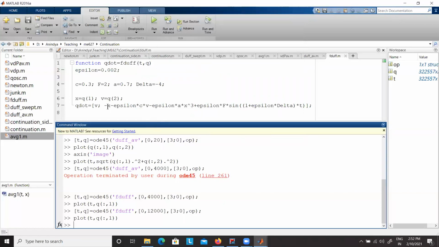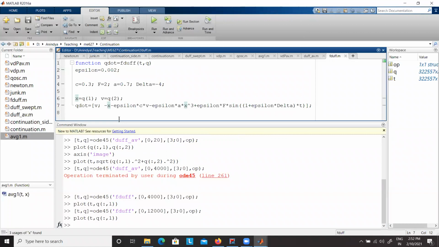Let me say minus x minus epsilon times delta times x, and let me just do t. This is exactly the equation we have averaged. Correct? Yes, sir. Is it minus or plus?